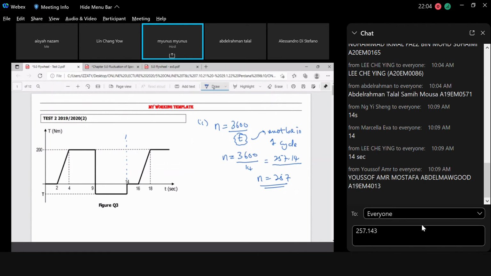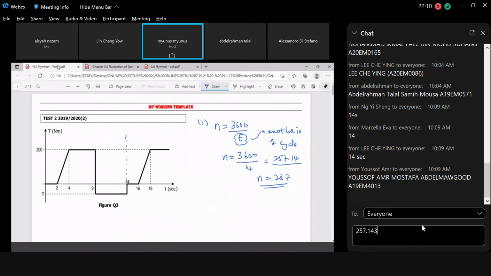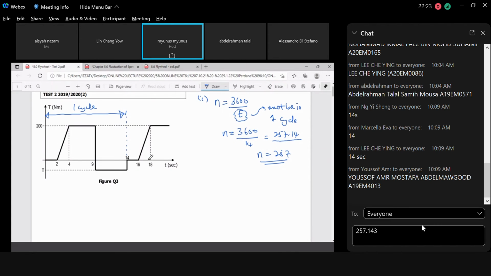Number two, what is the equation for number two? It is about the magnitude of the torque, T. So we end up here for one cycle, so this belongs to one cycle. To define anything regarding the graph here, because this is the turning moment diagram, the turning moment diagram is basically concerned with energy conservation.